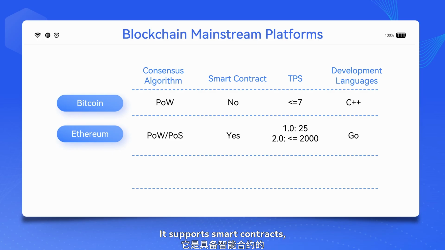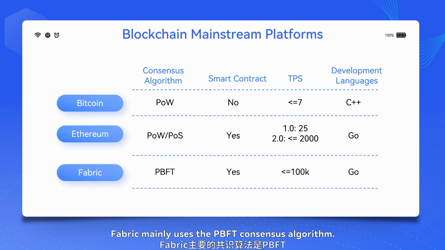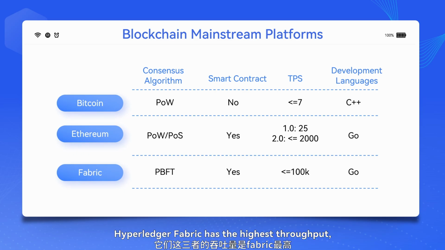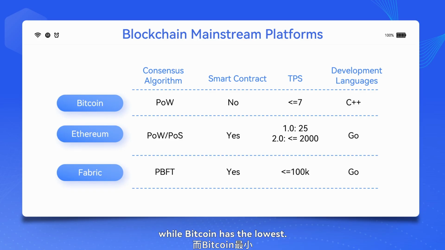It supports smart contracts and mainly uses Go as its development language. Fabric mainly uses the PBFT consensus algorithm. It also supports smart contracts and primarily uses Go as its development language. In terms of TPS and throughput, Hyperledger Fabric has the highest throughput, while Bitcoin has the lowest.